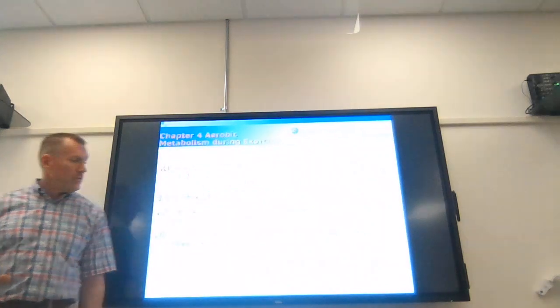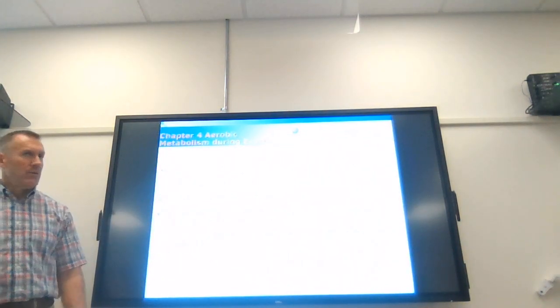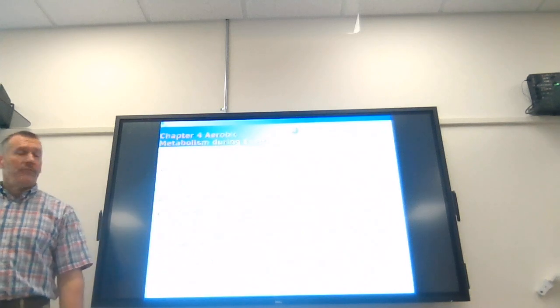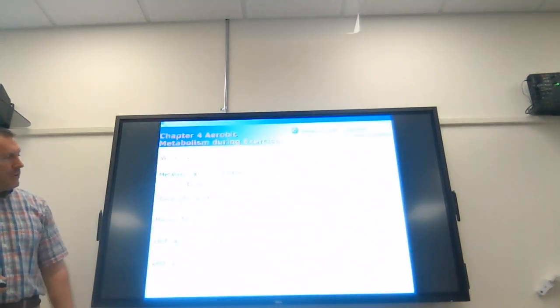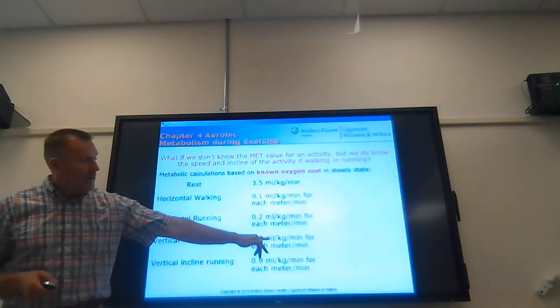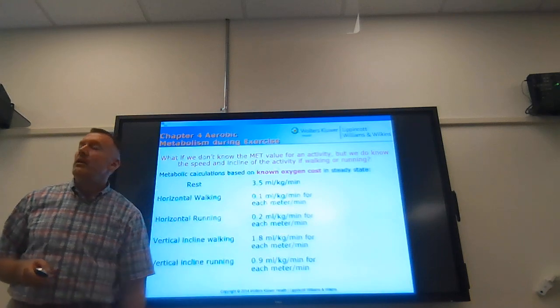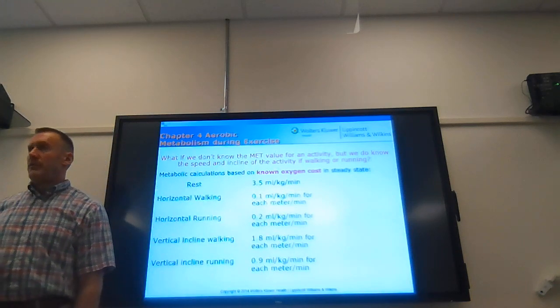That's how the equations work. And then 1.8. You're like, okay, where does the 1.8 come from? Let's go back. 1.8 is right here. Vertical incline walking, 1.8 milliliters of oxygen per kilogram of body mass per minute.